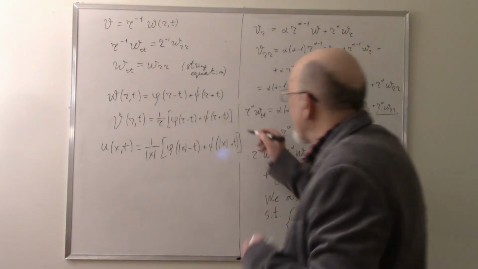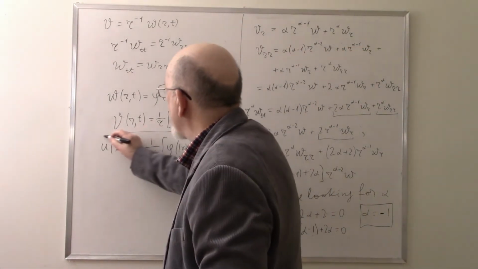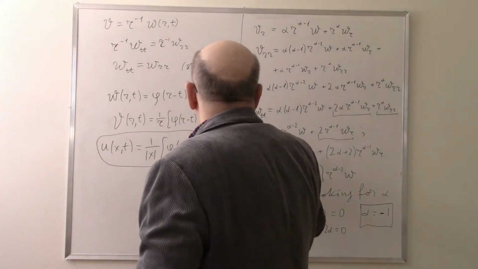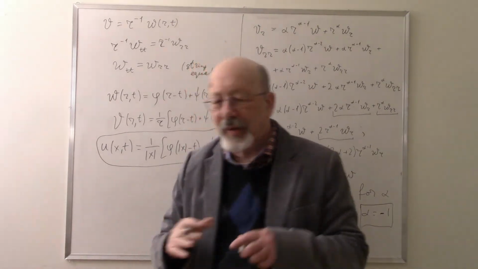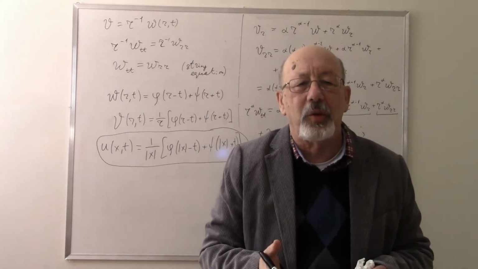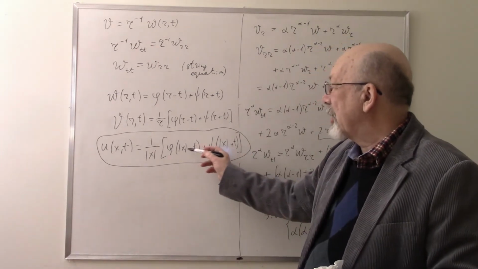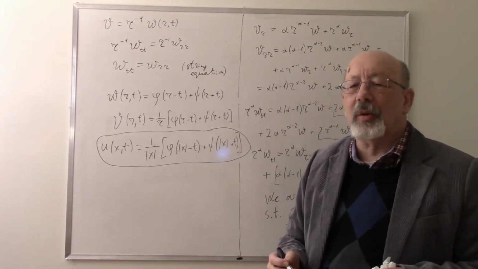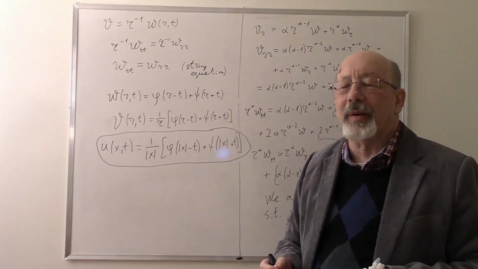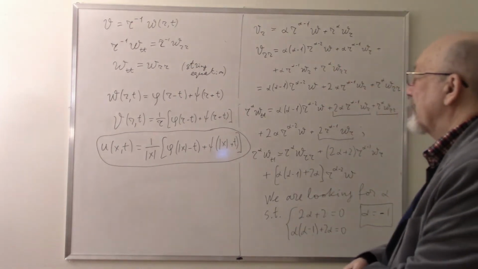So this is the general form of this spherical or radial solution, where x enters only through module x, the length of x.